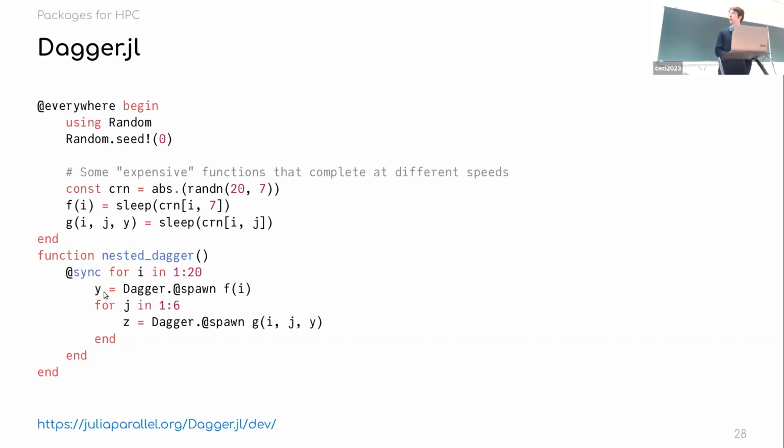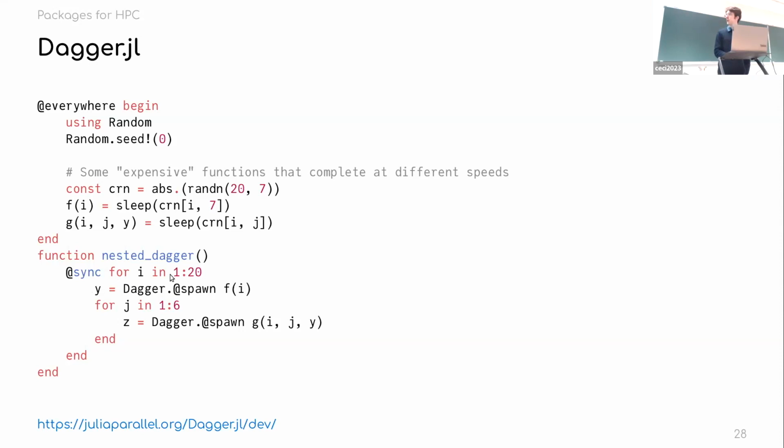This is going to launch a process to compute f of i on some processor. And then after that, I have a second inner loop that is going to spawn a second process for computing g. And notice that this process depends on the output of the first process.